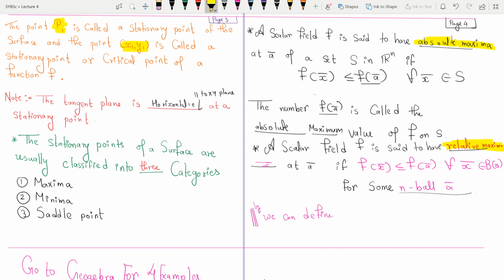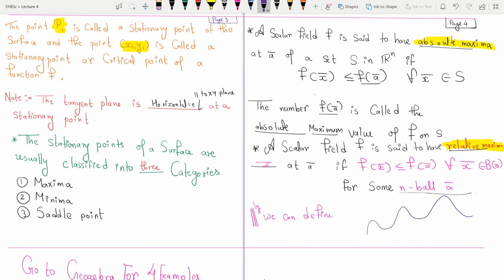That means I can say that a bar is a relative maxima if in that neighborhood my function is maximum. Let me explain in terms of a graph, that will be more clear. Suppose this is my function.